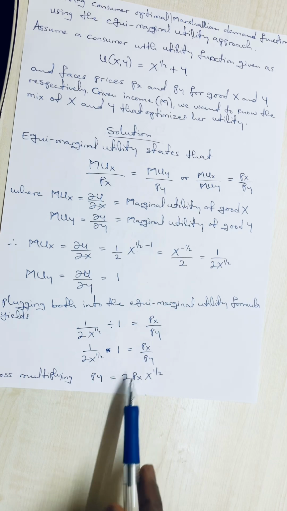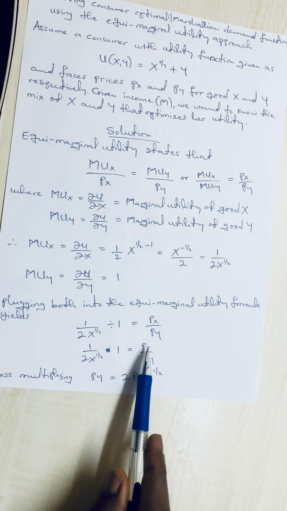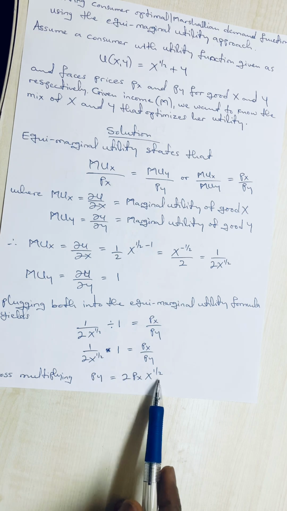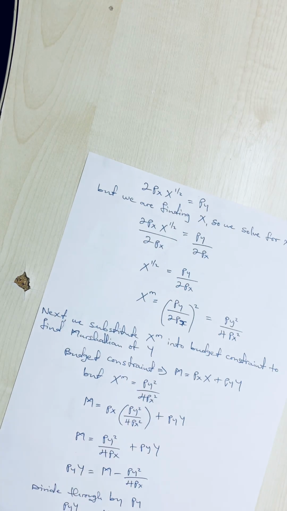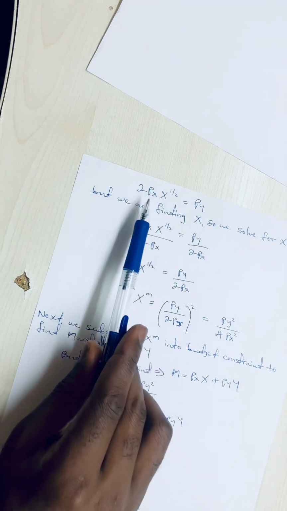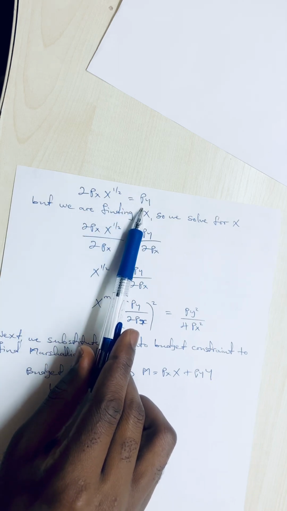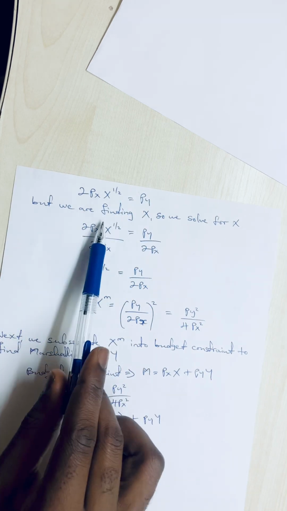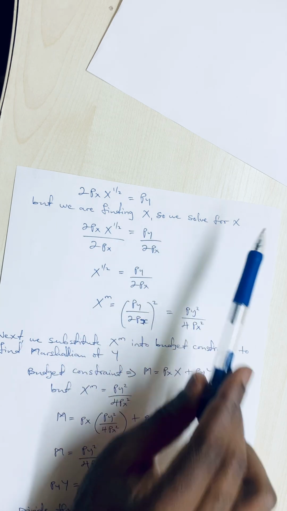So you cross multiply. Py times 1 gives you py, and 2 times this gives you 2px x^(1/2). So you have 2px x^(1/2) equals py. But we are finding x, so we solve for x.